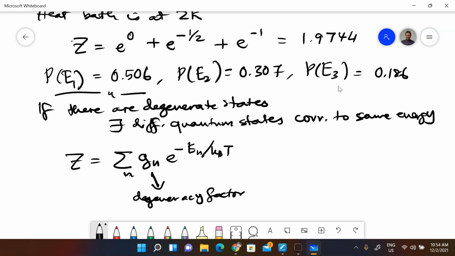So that's all there is if you need to take into account degeneracies. I will stop here today and leave that at this stage. We'll talk about more of this canonical ensemble after the semester break.